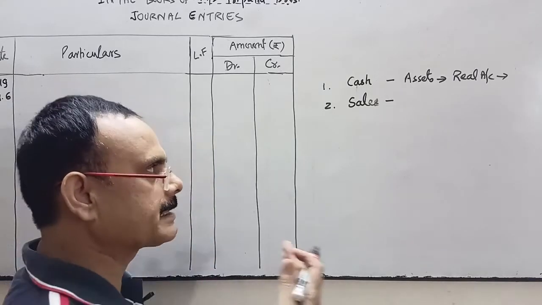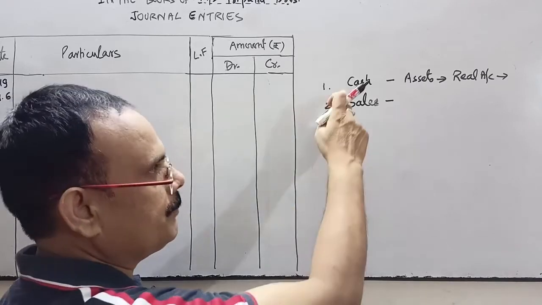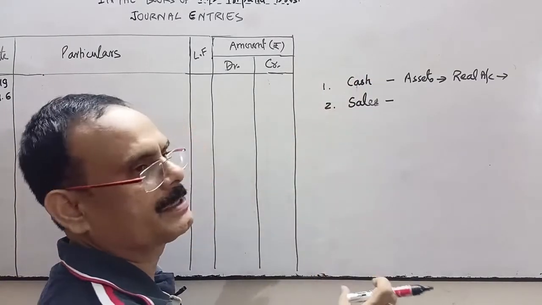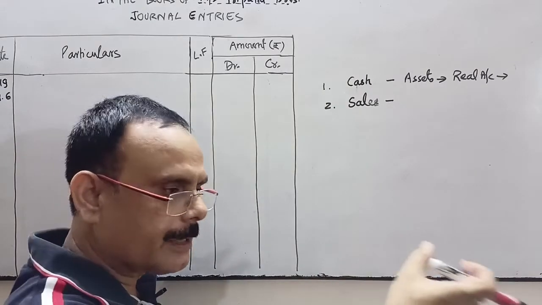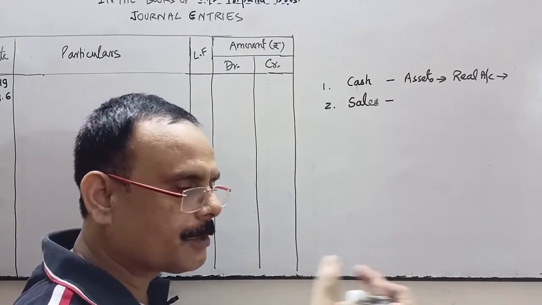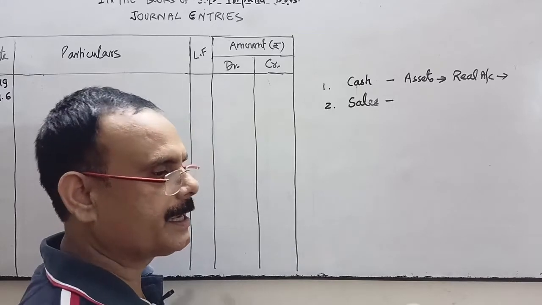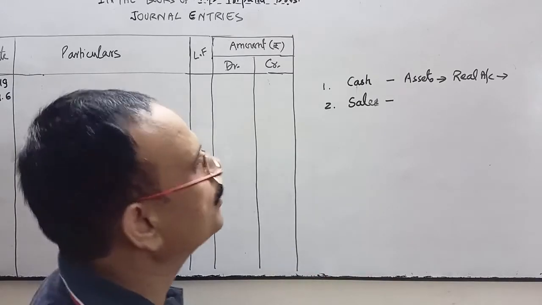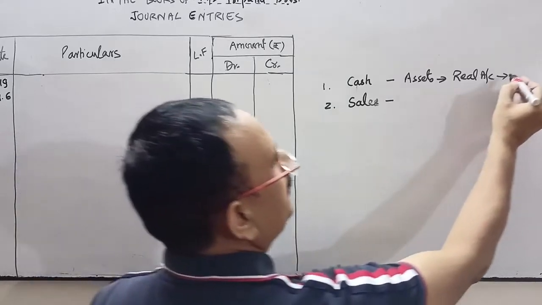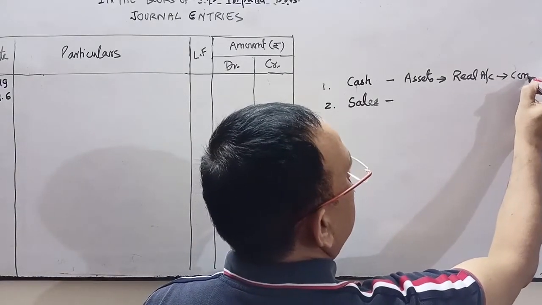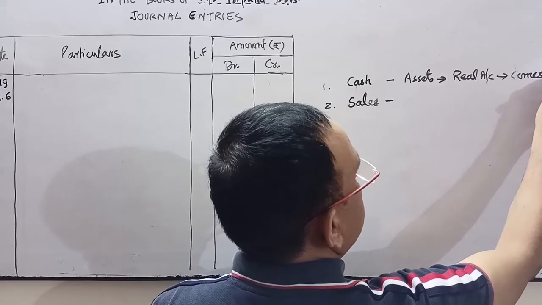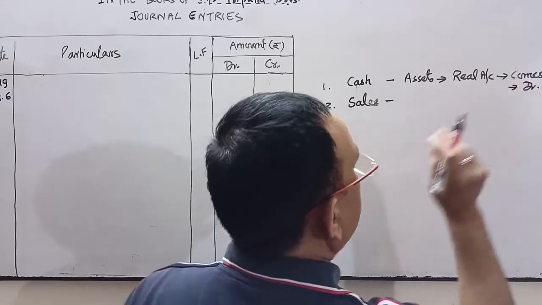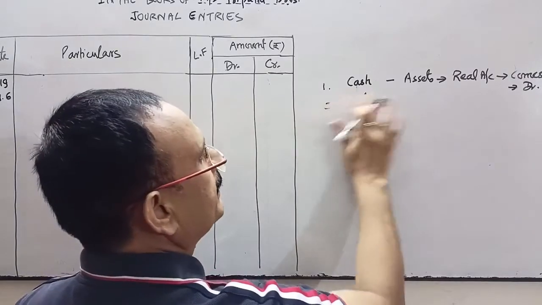Here, when we have sold the goods for cash, cash comes into the business. We are taking cash from the customer, the business is receiving. So what comes in is debit. So the cash account will be debited.